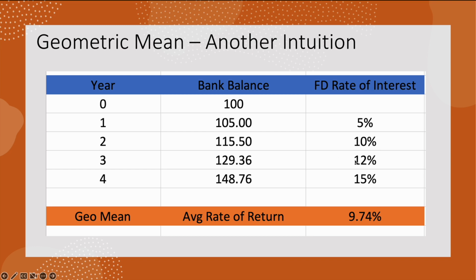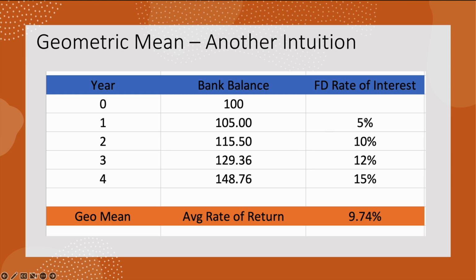At 12% interest in the third year, your 115.50 rupees became 129.36 rupees. In the fourth year, the bank was giving you 15% interest, so 129.36 rupees became 148.76. So at the end of 4 years, your 100 rupees became 148.76, right?